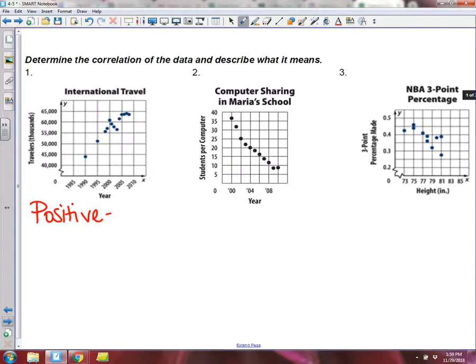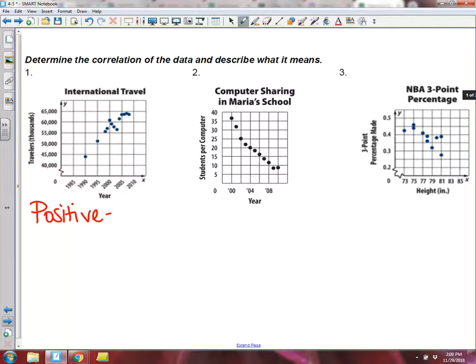In this situation, if you look at the graph, across the x we have years. Across the y we have travelers. And you see it's international travel, correct? Okay, so going this way means my x's are increasing, correct? So are the years going by? As time goes by, what happens to the travelers?